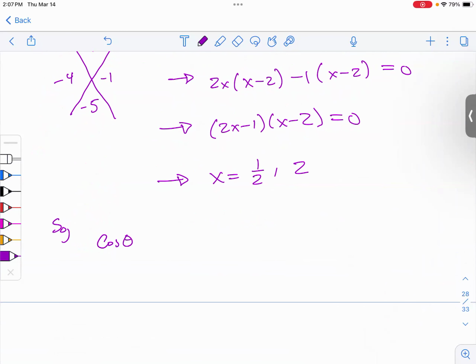And then once I have it solved algebraically, I can come back. Cosine theta equals 1/2 and cosine theta equals 2.